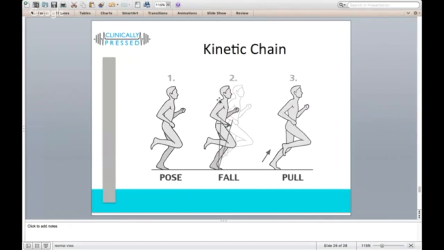Basically, what we're looking to do with this is use gravity and use your hamstrings as a piston in order to propel yourself along. The one on the left, if you are just listening, is the pose where you're landing midfoot or forefoot, depending on who you ask. Those are synonymous.